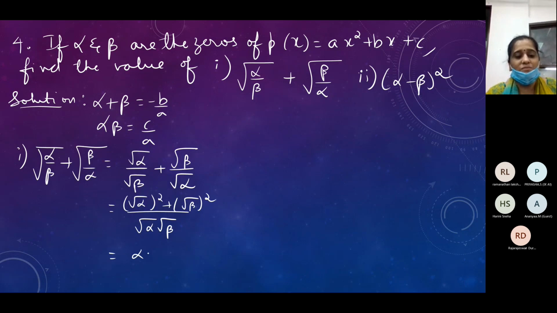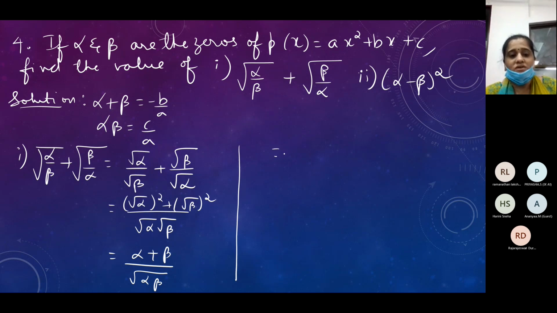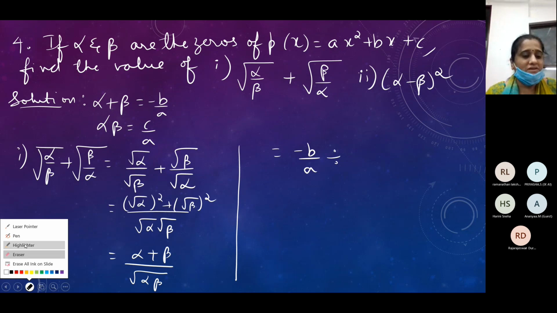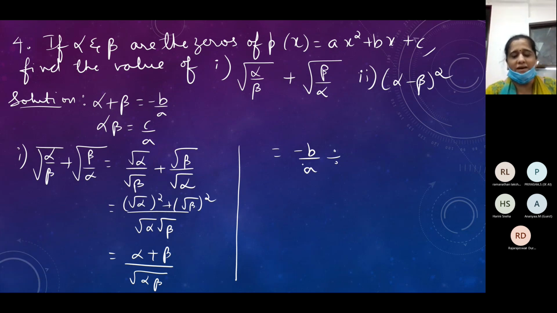So that's nothing but alpha plus beta by root of alpha beta, which is minus b by a divided by root of c by a, because root of alpha beta is root of c by a.